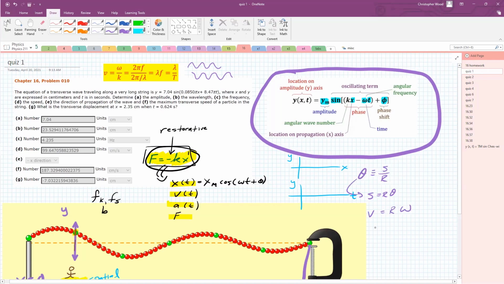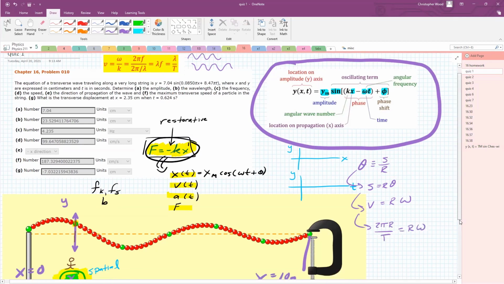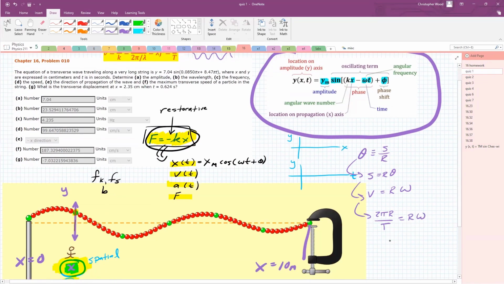If I know that velocity is distance divided by time, the distance here would be the distance of a circle, 2 pi r. The time for that distance is the period. And that's how we're getting omega equals 2 pi over T, which is the same as 2 pi f. So I just ran through the derivation of omega, again, starting with the birth of a radian, and it didn't take long.